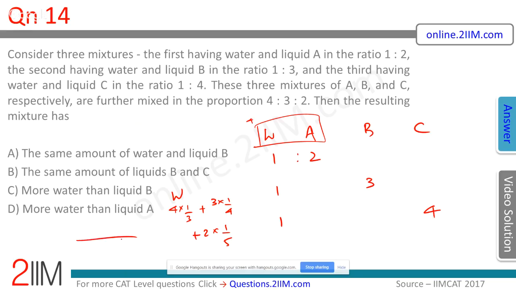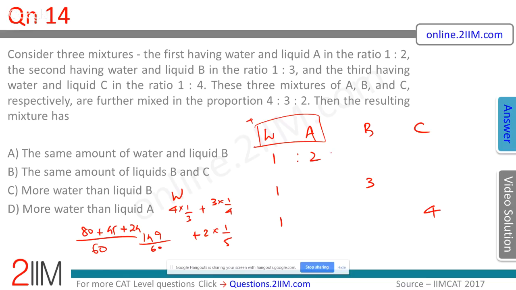So LCM, we're going to take it as 60. 80 by 60 plus 45 by 60, plus 24 by 60. So just add these three up. 80 plus 45 plus 24 is 149 by 60. That is the amount of water that is going to be present.